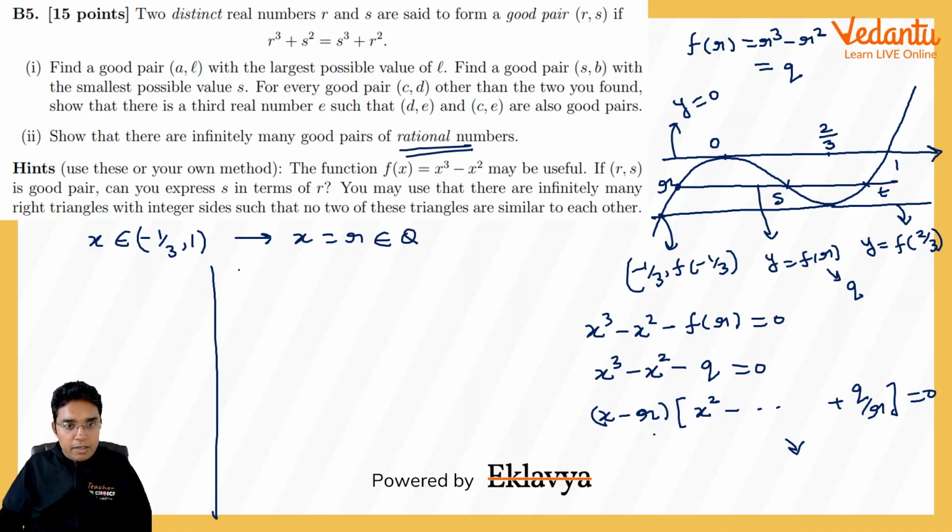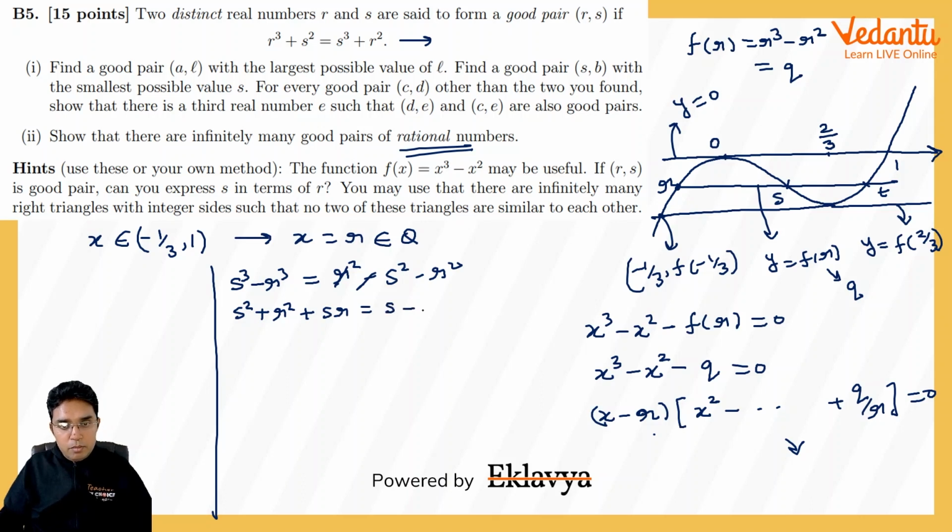Please see, I will write this given relation as s cube minus r cube equal to r square minus s square, I think s square minus r square. And if you factorize it, you get s square plus r square plus s into r equal to s plus r.